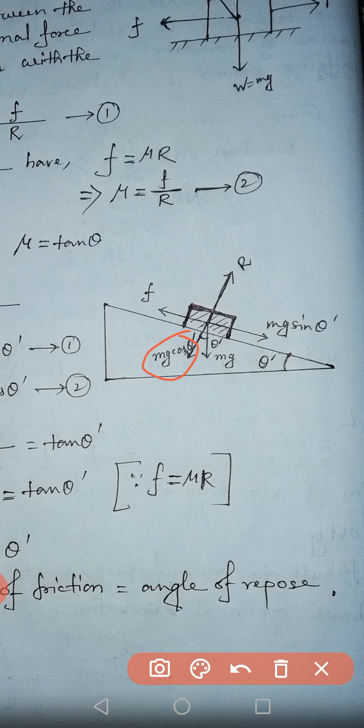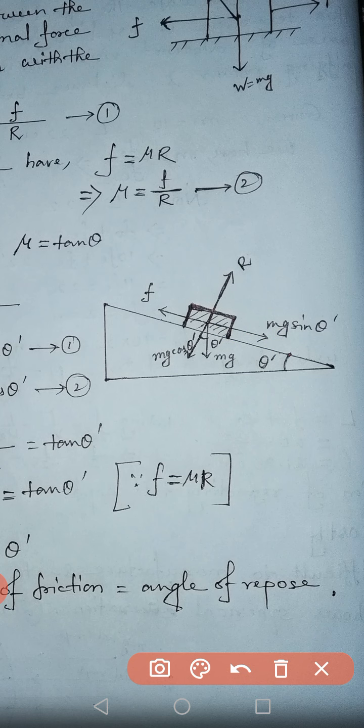For better understanding you can go to the vector chapter, resolution of vectors, and there you will understand that this component is the cos theta component, and this component is the sin theta component. Due to this component mg sin theta dash, which is on this side, the object starts sliding.